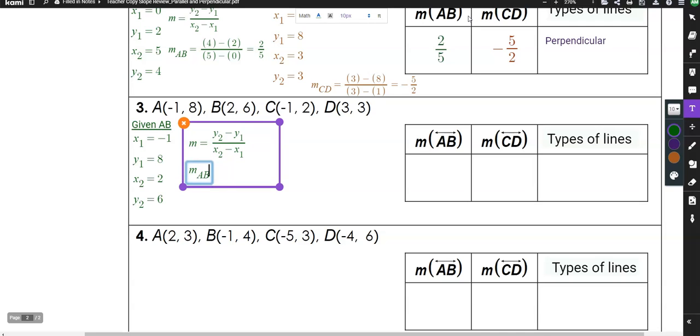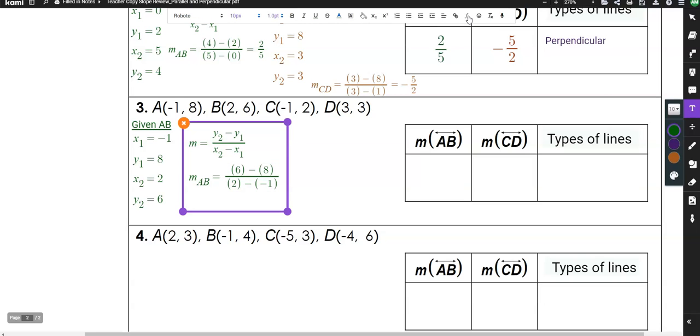So the slope of line AB is going to be 6 minus 8, and then that's going to be over 2 minus negative 1. 6 minus 8 is going to be negative 2.